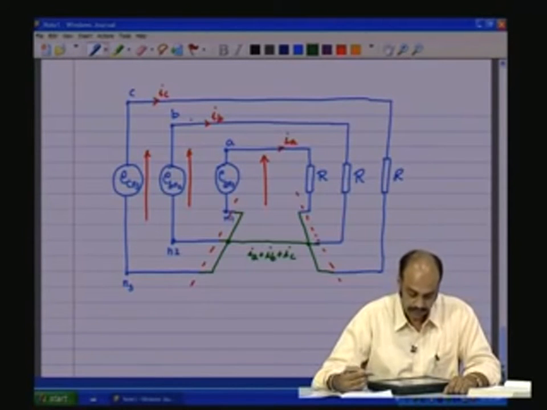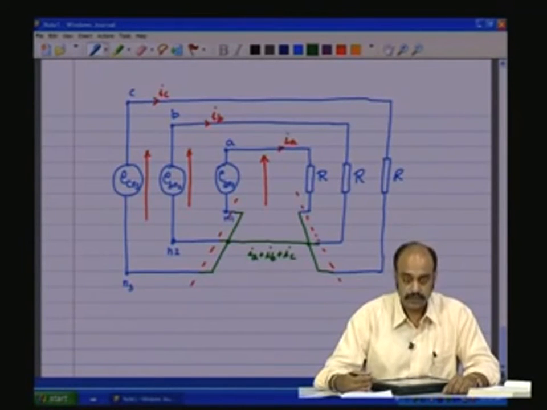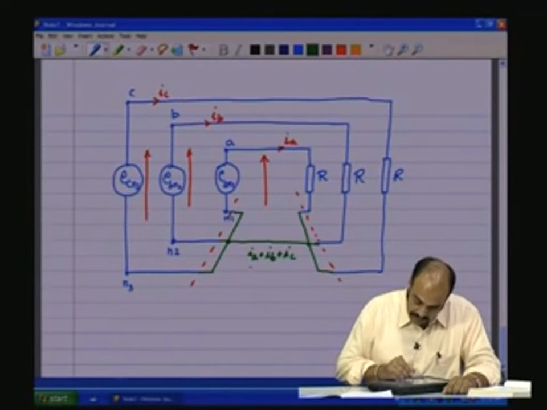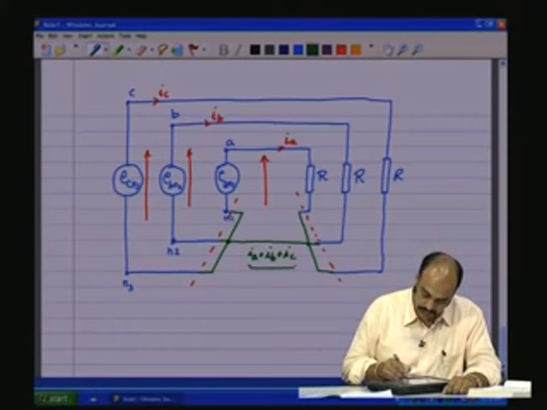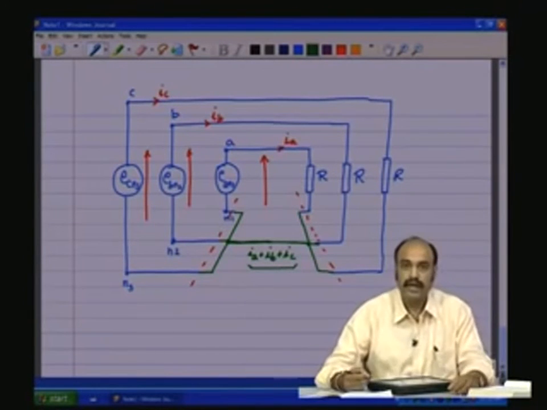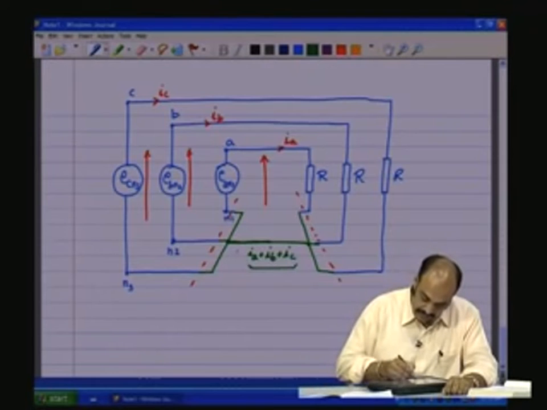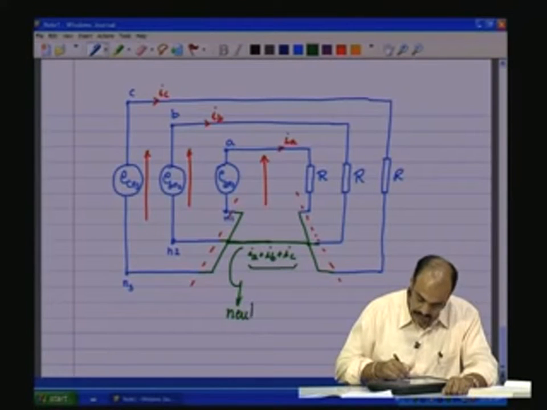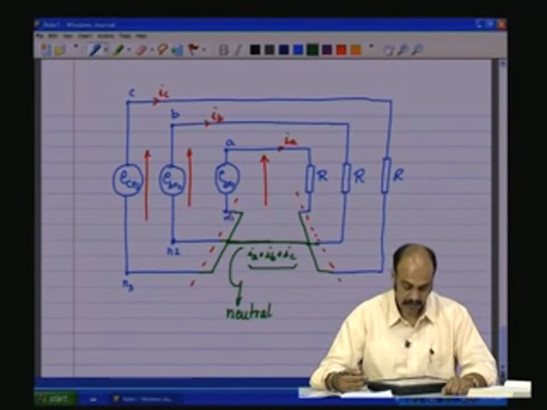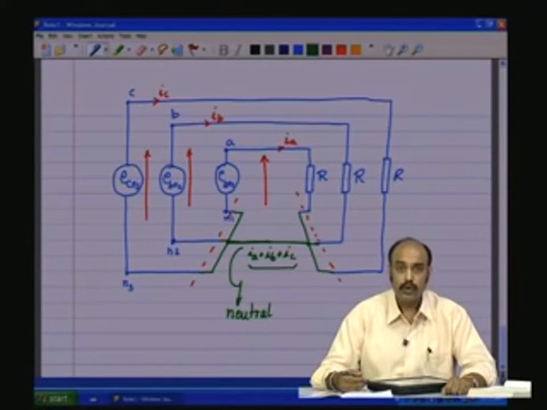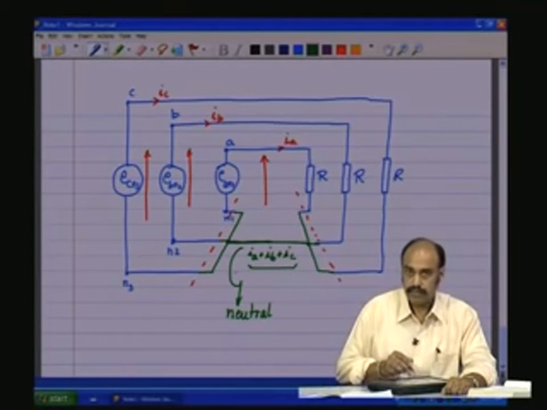How do they look like, and what is the instantaneous values of these three put together, and what is the resultant current which flows through this return path line, and this line is called the neutral. This is called the neutral line. The return path line, which is common, is called the neutral line through which IA plus IB plus IC flows.